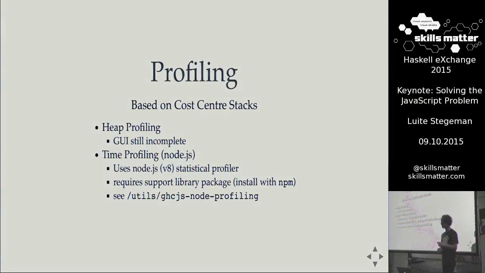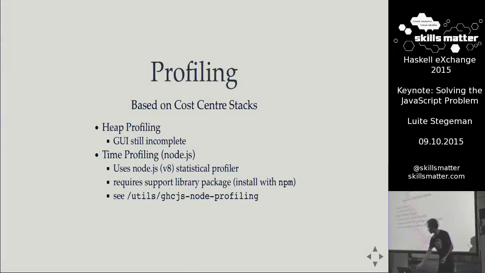It takes a sample every millisecond of the current instruction pointer and the stack. There's a library that records the current cost center in the call stack, and a modified sample log analysis tool that reconstructs all the cost centers in your profiling report.